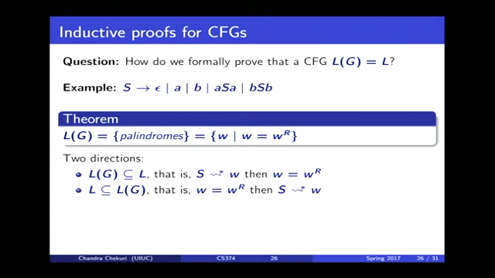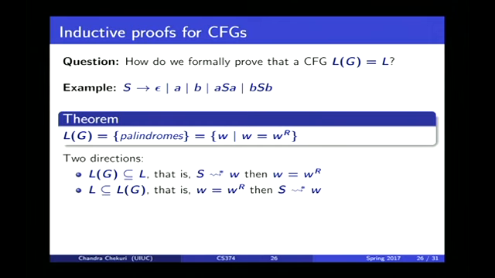When you design a grammar for your language, you will design something by intuition. How do you do a sanity check before you write it down and submit, or in the exam, and say I'm done? How do you say, wait a second, I'm not completely sure? How do I check? You have to check this.